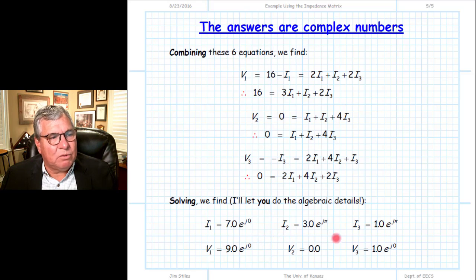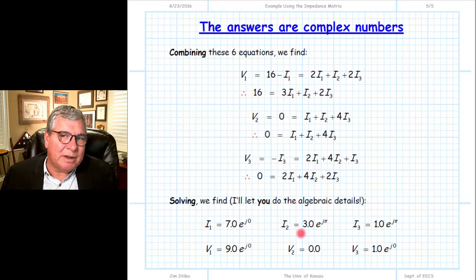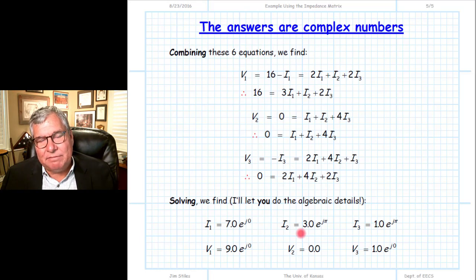Likewise, if we solve for I2, we get a value of minus 3, not a DC value minus 3, but a complex value minus 3. In other words, a complex value with a magnitude of 3 and a phase of minus pi. It says the oscillation of the current I2 has a magnitude of 3 and a relative phase of pi, 180 degrees out of phase with respect to the reference.